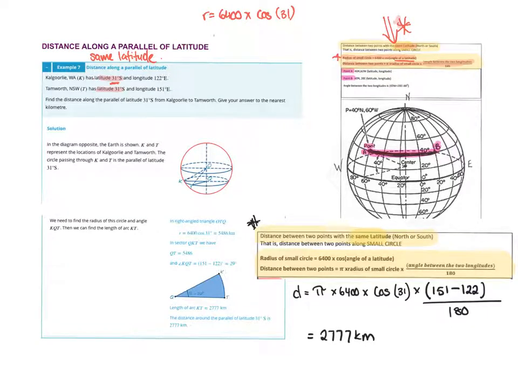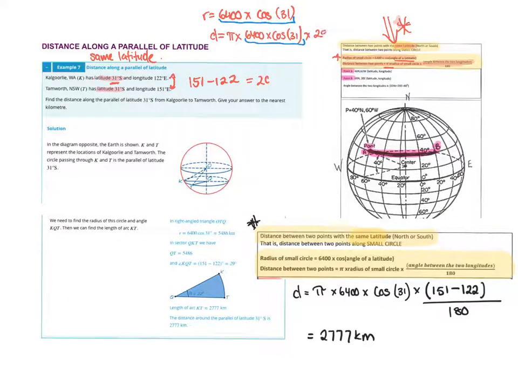And then when we go to find the distance between these two, the formula says pi times the radius of the small circle, which I just wrote there, 6,400 times cos 31. So that was the radius. That's that there. Then I go times the angle between the two longitudes. How many degrees is between these two? It is 29.